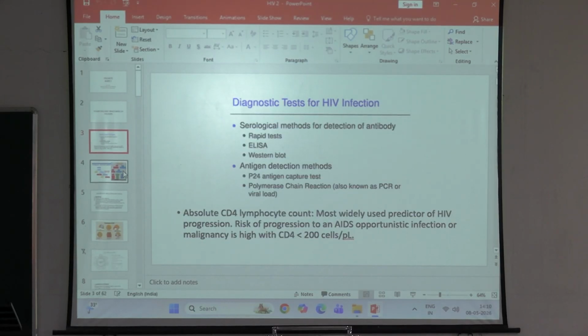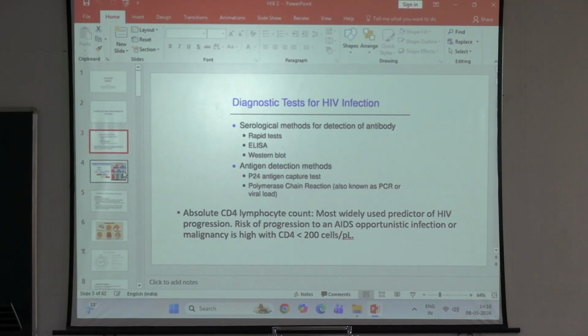Absolute CD4 lymphocyte count is actually counted using a formula. The formula is not available in PARC, so I don't know whether you have already studied it in microbiology or not.